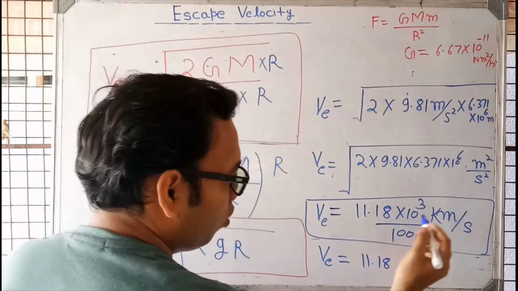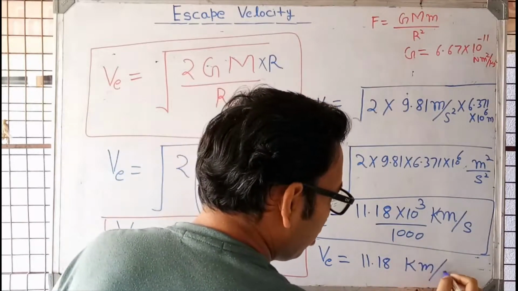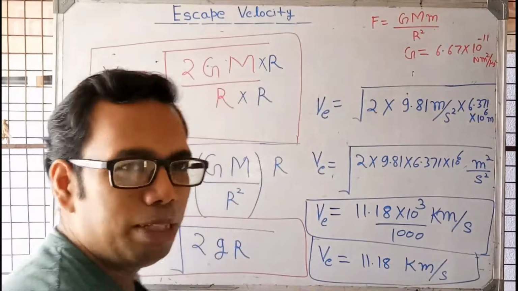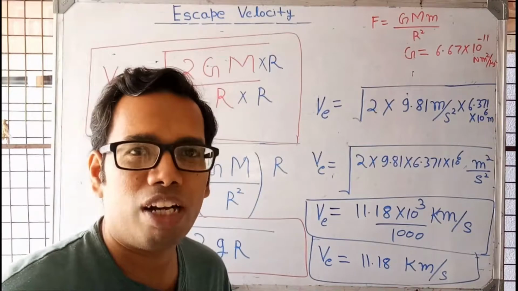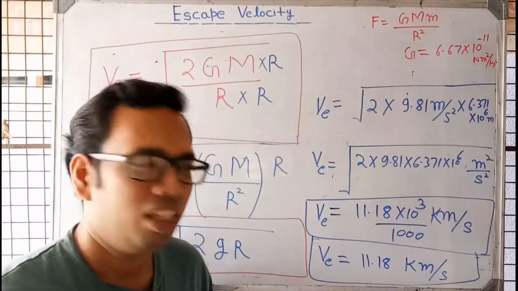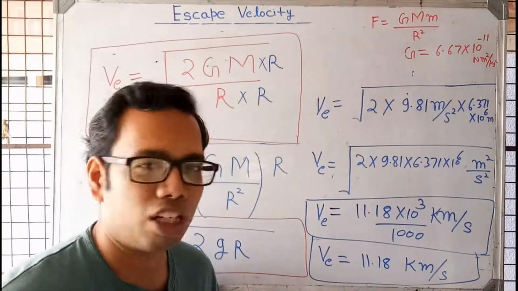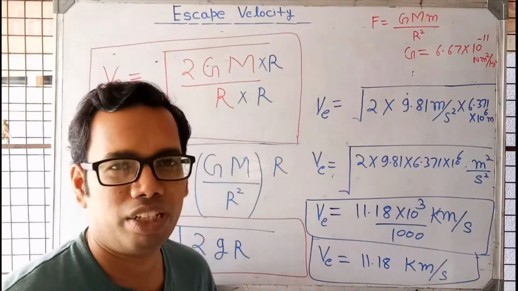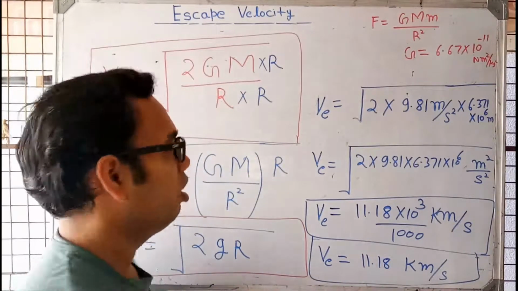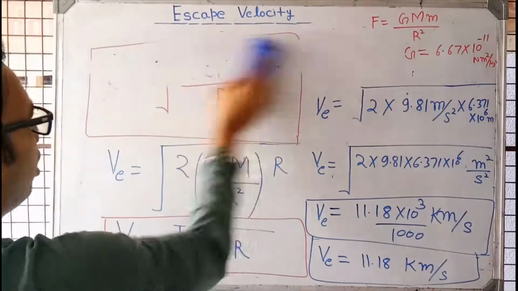So the minimum escape velocity required for the rocket to escape from the Earth's gravitational force is 11.18 kilometer per second. This is the minimum velocity required to escape from the Earth's force. I think this is noted down.